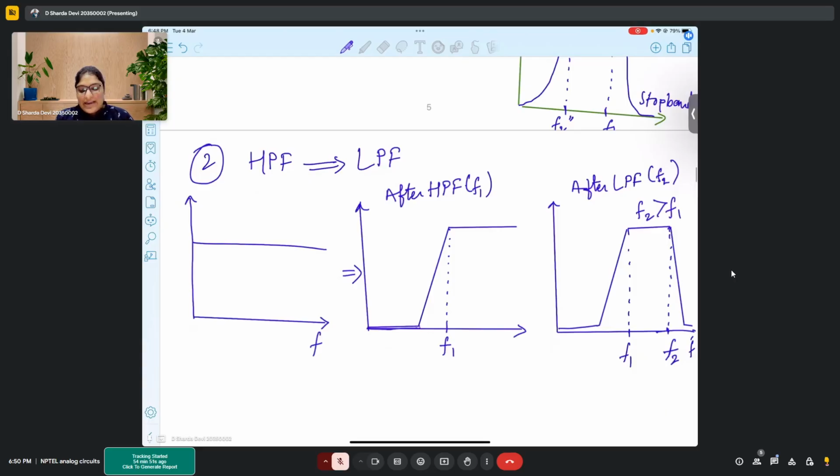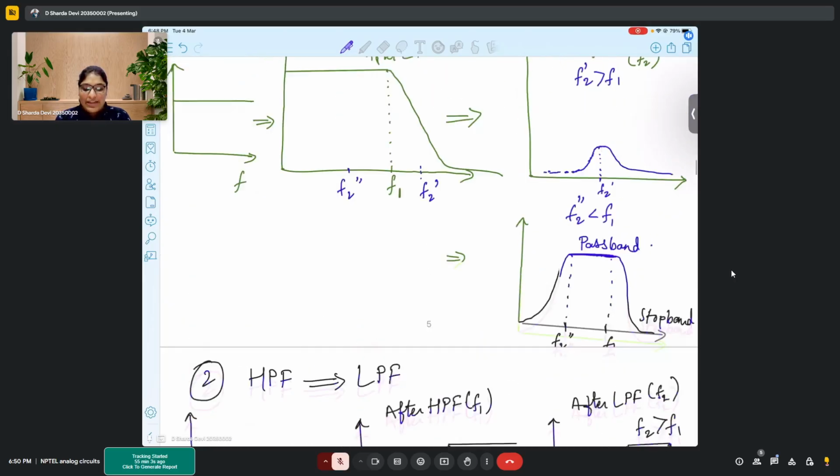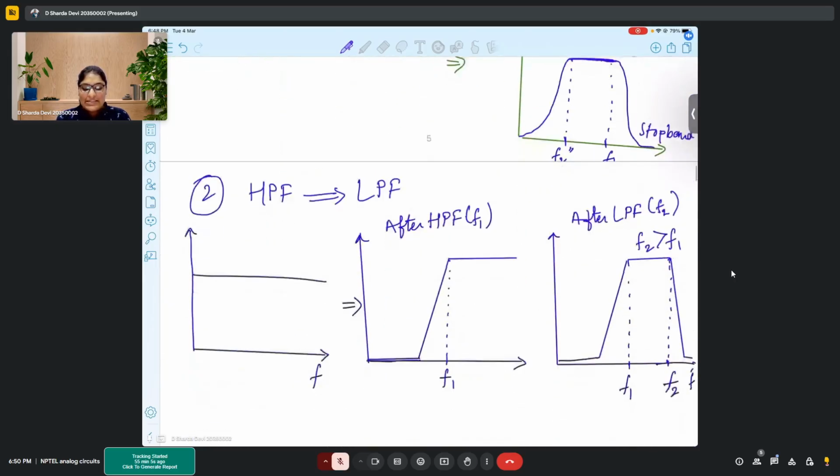So we can go either way: high pass followed by a low pass, you would get a band pass filter. Low pass followed by a high pass also gives you a band pass filter. But the only thing that we need to keep in mind is how we are setting our cutoff frequencies. In a band pass filter, the cutoff frequency of your high pass filter is lower than the cutoff frequency of your low pass filter. Is this clear to everyone?